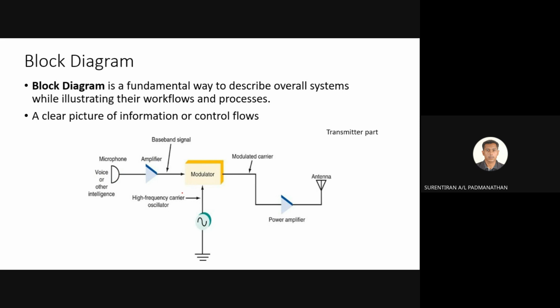Modulation will happen with two signals. If you don't give any signals here and you just draw this, it's not considered logical. This is an example I'm showing you. When you draw the block diagram, make sure it is logical.